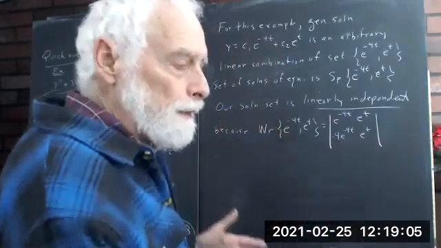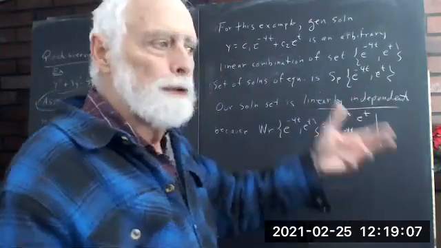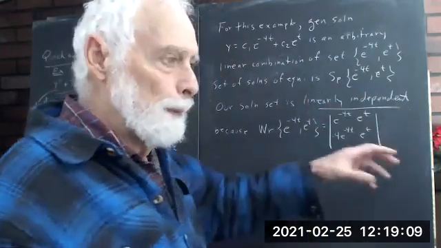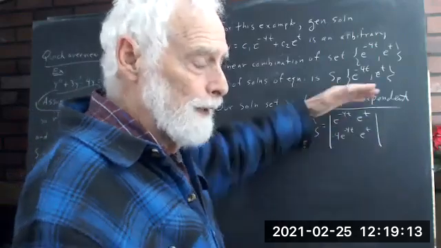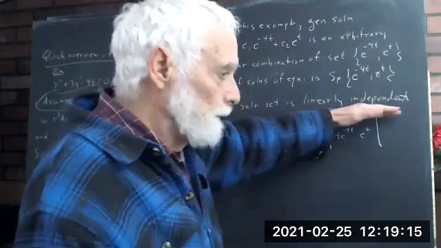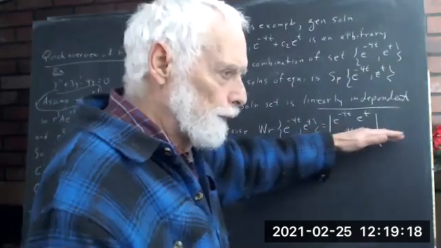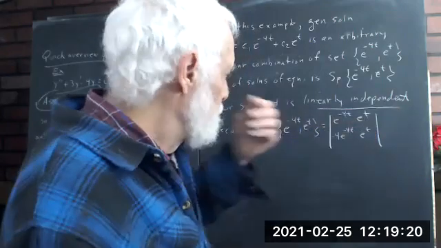If you get higher order, if you had a 3rd degree equation with y triple primes as well as the others, you'd have to have 3 solutions and you'd have 3 rows: first the solutions, their first derivatives, their second derivatives, okay?